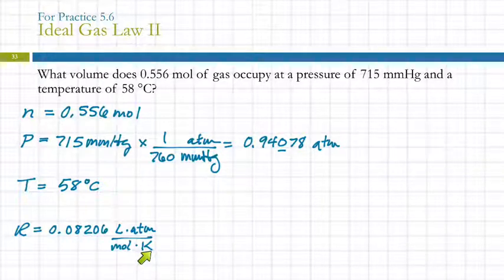This reminds us that we have to put our temperature in kelvins, so I need to convert this to Kelvin. Since this is to the nearest 1 degree, I'm going to be lazy and just use 273 instead of 273.15. You can always use 273.15. It's not going to hurt anything. So 331 Kelvin.